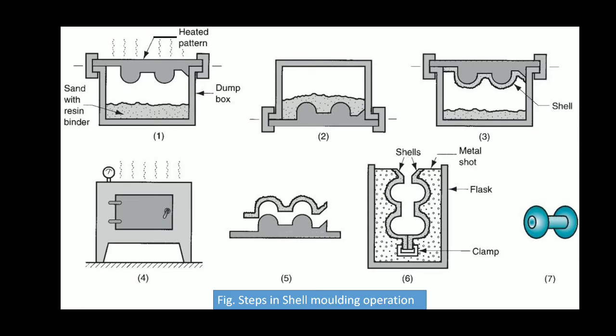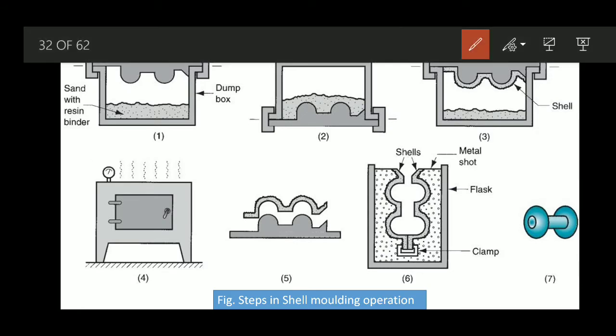Initially we have the metal pattern, which is heated. We already have in the box sand which is mixed with resin and binder, generally 2.5 to 4%. After that we invert it; previously it was just acting like a lid.